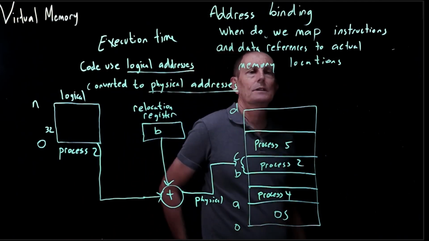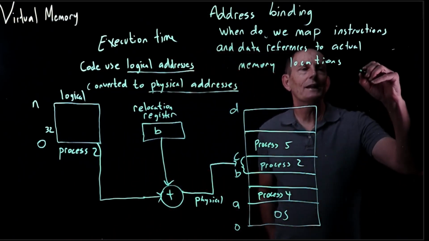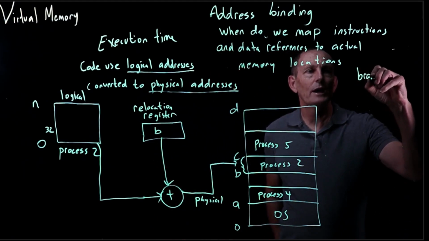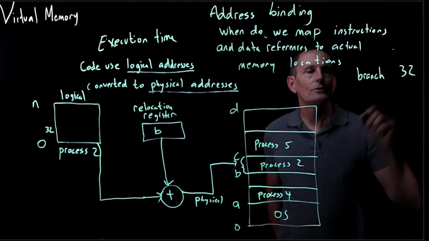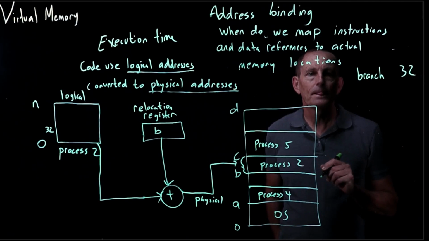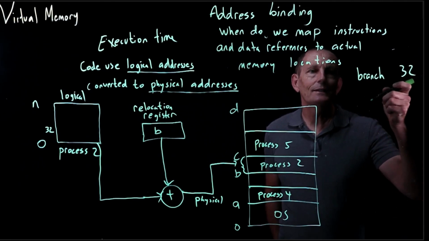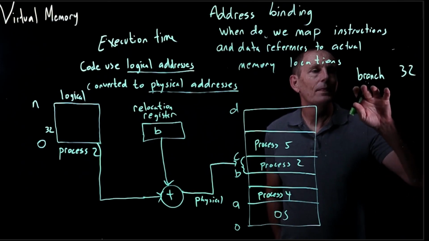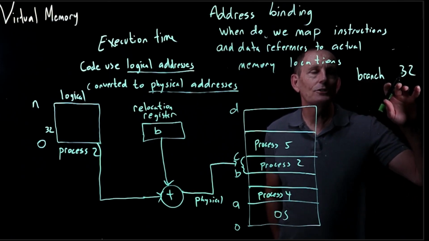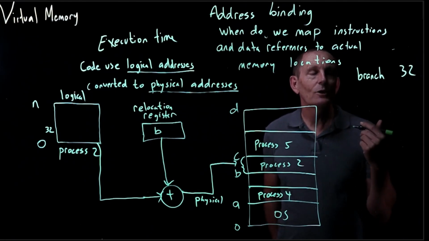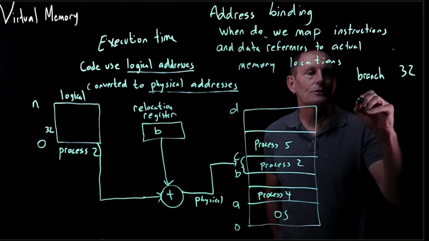And just to make clear, when we talk about these logical addresses, we might have some code that says branch to 32. So the processor is seeing logical addresses. When the processor sees this branch 32, it's going to update the instruction pointer to point to 32, and then fetch whatever is at memory location 32.